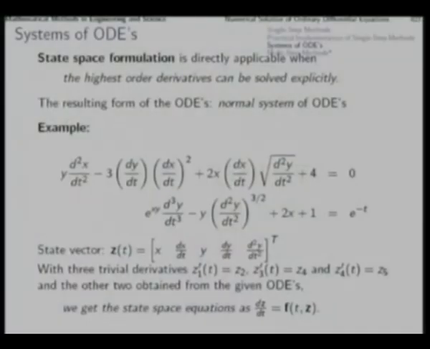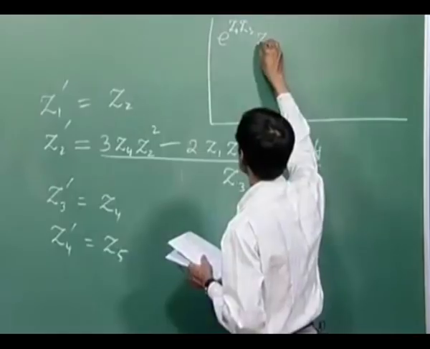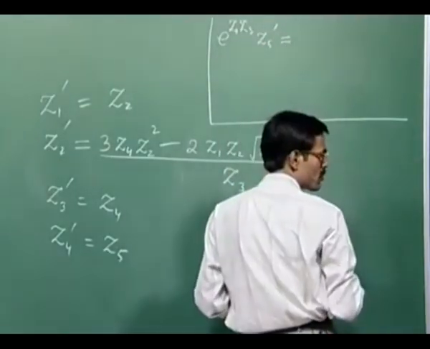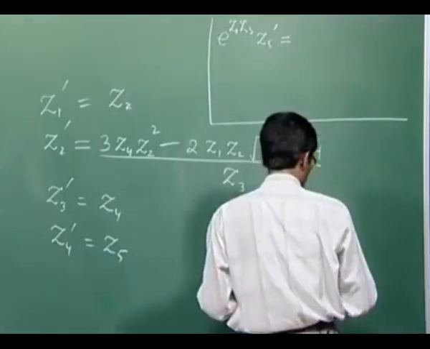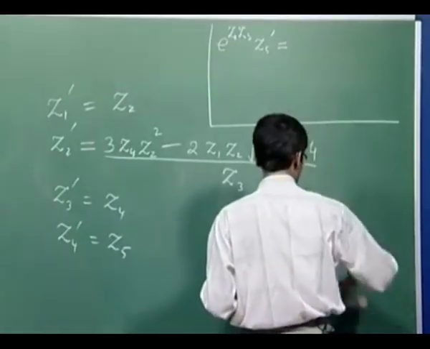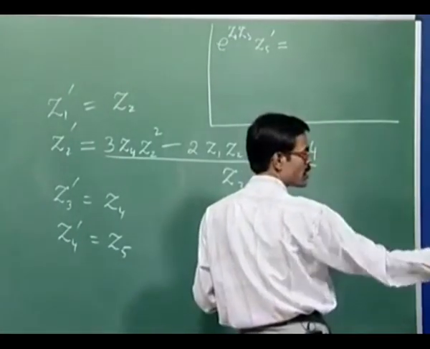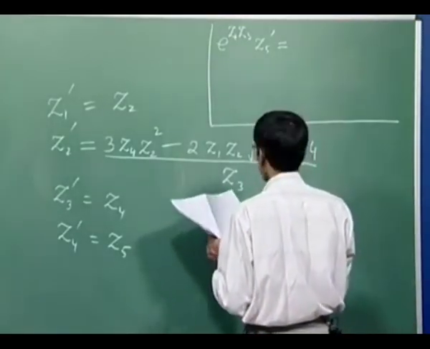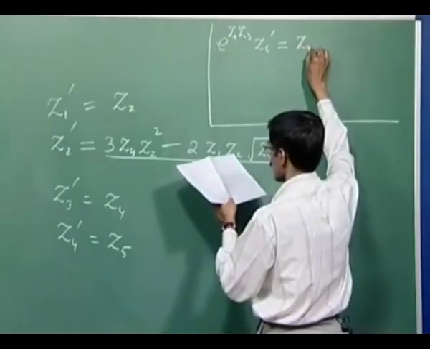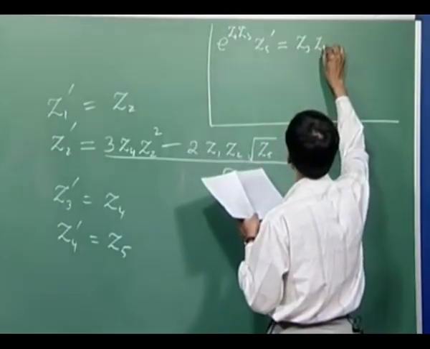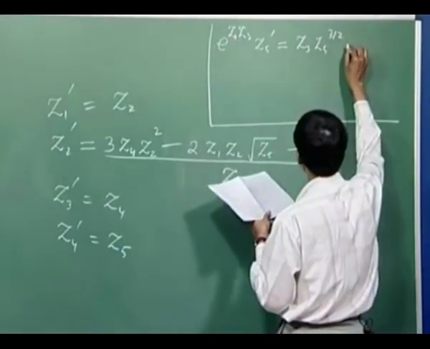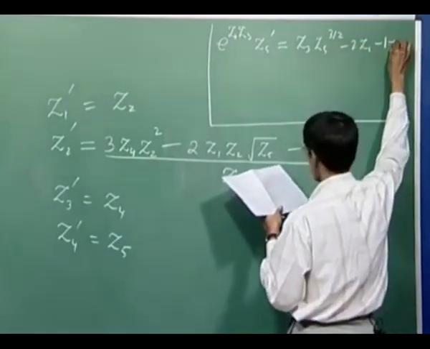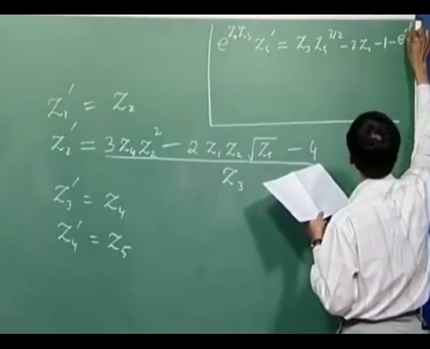So, that is z5 prime, which we want to determine, is equal to, taking the other things with the changed sign, z3 z5 to the power 3 by 2 minus 2 z1 minus 1 minus e to the power minus t.